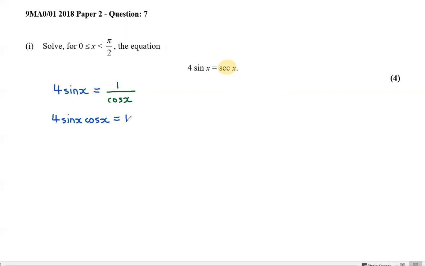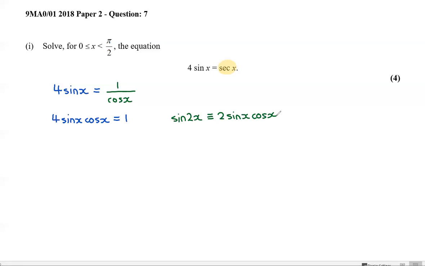At this point, a trig identity should be leaping out at you. If it isn't, you need to learn them, okay? Looking at that, I can tell that sine of 2x is identical to 2 sine x cos x. I can tell because I've got the sine x and the cos x as a product, and having the 4 is quite nice as well.